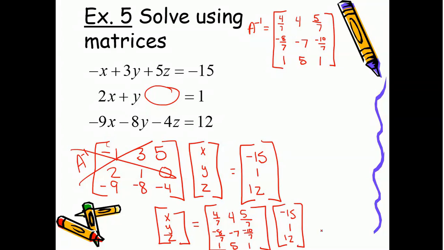Okay. 4/7 times negative 15, that is negative 60/7, which I don't think cancels down at all. 4 times negative 15 is a negative 60. And then 5 times 15 would be 75, so negative 75/7.